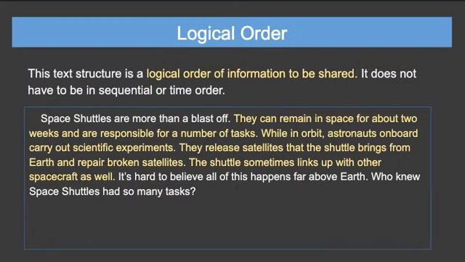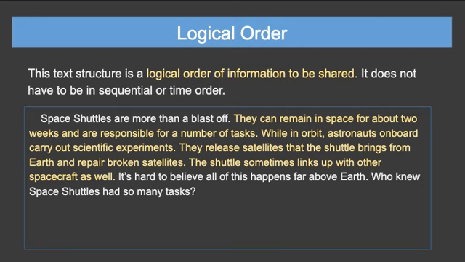And then logical order can sometimes be confusing because it sounds so much like sequential order or chronological order. But this text structure requires a logical order of information to be shared, but it doesn't necessarily have to be in sequential or time order.